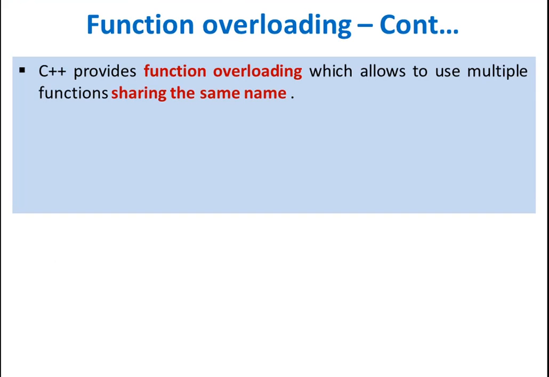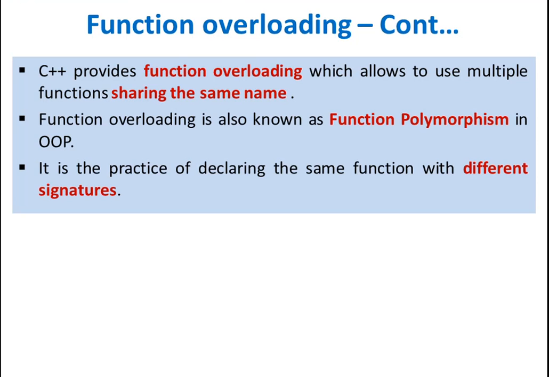Function overloading allows us to use multiple functions with the same name. Function overloading is also known as function polymorphism or compile time polymorphism in OOP.